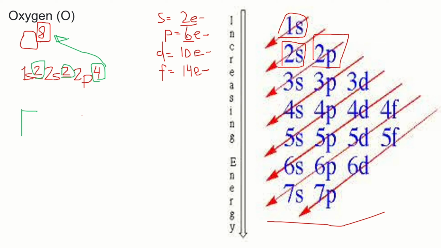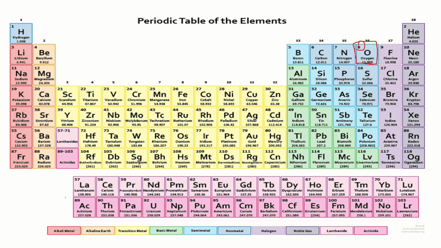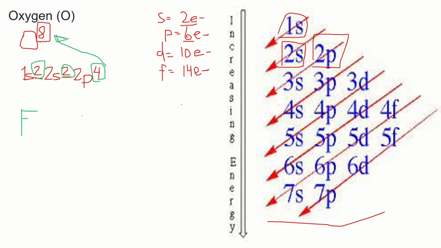Another example, let's have chlorine. First step, you have to identify the atomic number of the element, because the atomic number is equal to the number of electrons. So let's take a look at our periodic table. Chlorine, the atomic number of chlorine, 9. Okay? Let's write here 9.